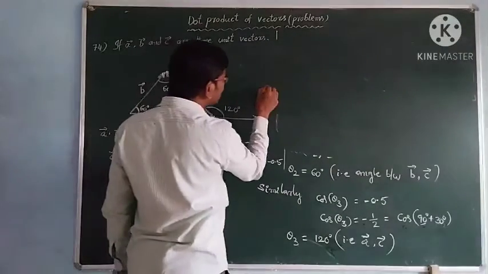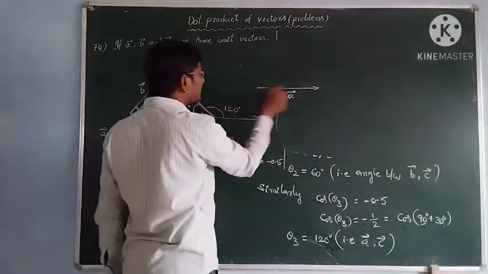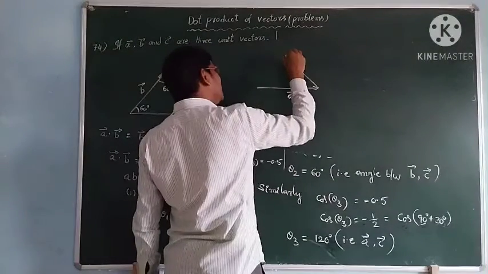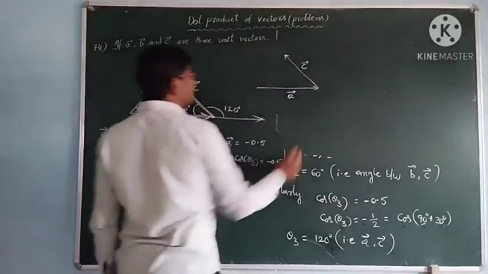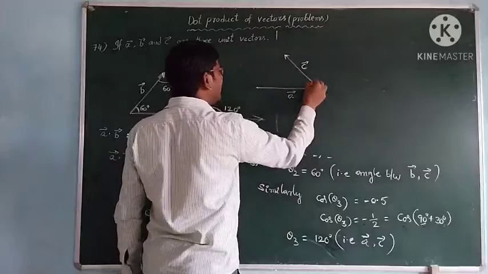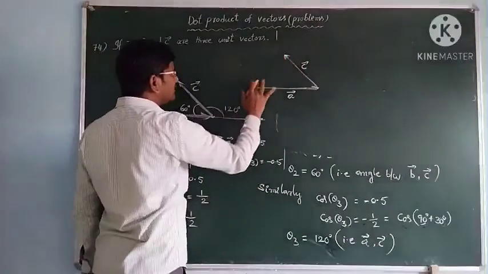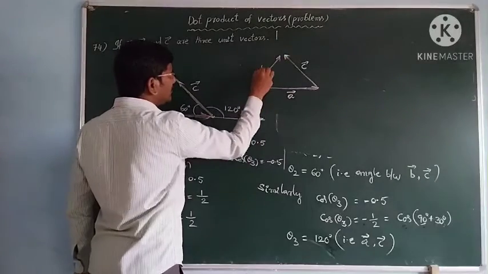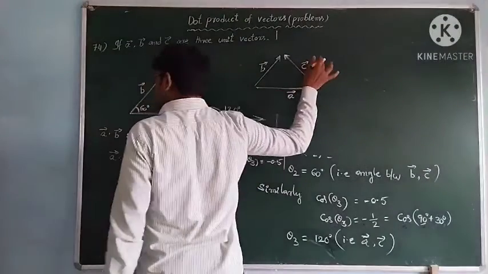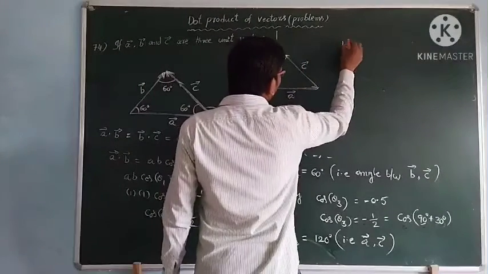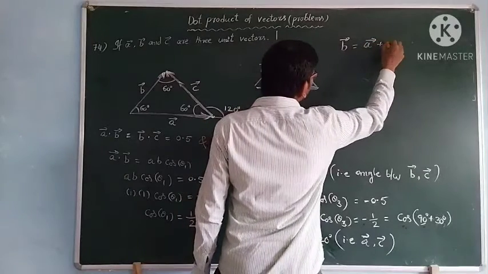See, my dear students, this is the A bar vector, and this is the C bar vector. Okay, students, we have the A bar vector and we also have the C bar vector. Then join these two, you will get B bar. The addition of the first vector and second vector gives B bar.